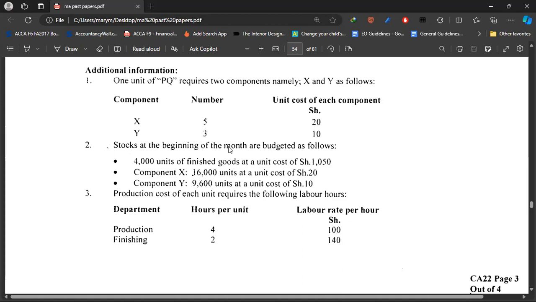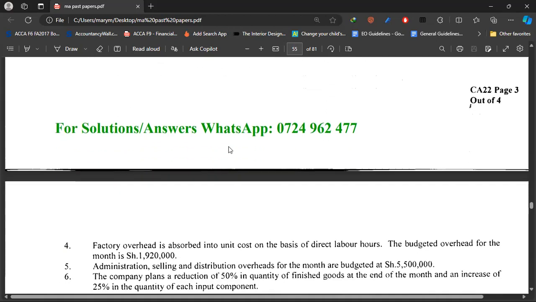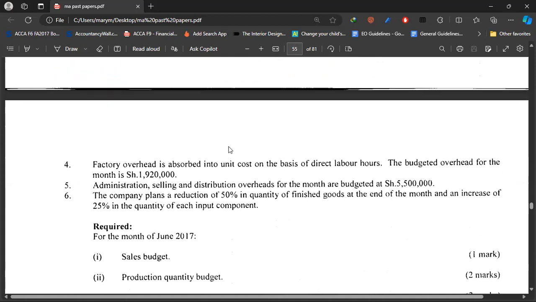When you look at number 2, they have already given us the beginning balances for the raw materials and the finished goods. When you look at number 3, we are just going to be discussing issues regarding labor. I can see that our products normally pass through the production and the finishing departments. Then later on, we have been told that the factory overhead is absorbed into the unit cost on the basis of the direct labor hours.